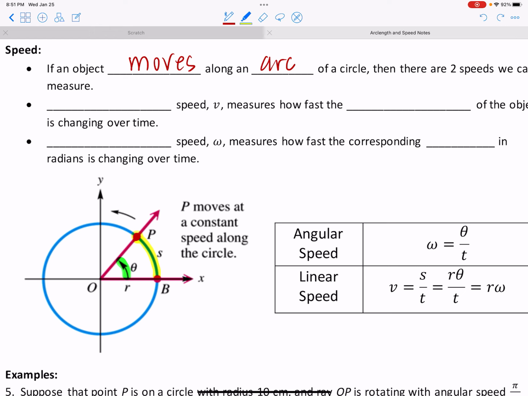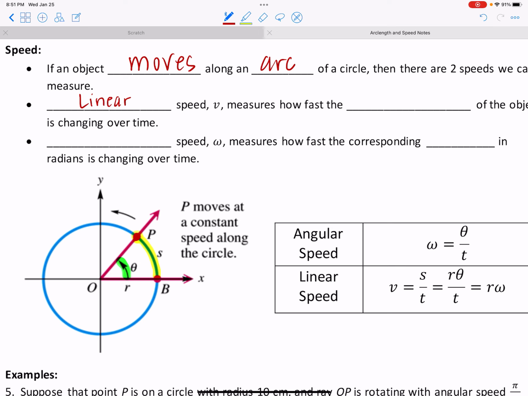The first one we're going to call linear speed. When I say linear speed, it's the speed that we know. When we talk about speed, like let's say you're traveling on the freeway going 60 miles per hour, that's the change in position of your car as you're moving along the freeway. It's the same for an object that moves along an arc, or this point P that's moving along the circle.